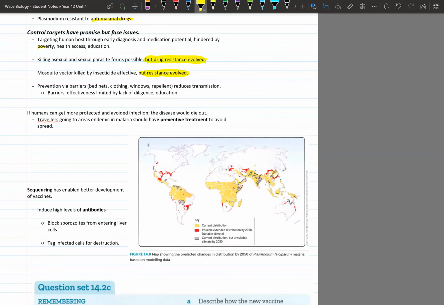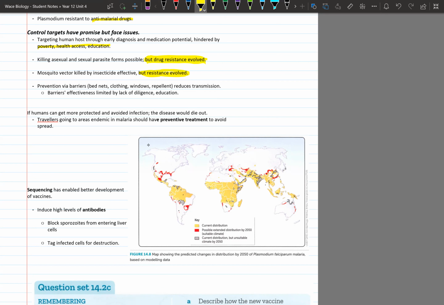Okay. Of course, poverty, health access, education. One way to prevent it, maybe in Japan is not so common, but definitely in tropical countries, especially countries with higher poverty levels, a lot of people don't have air conditioners in their houses, so they have to keep the windows open.